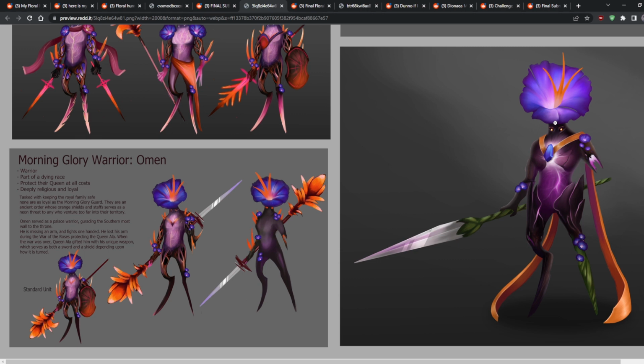So I would get rid of that completely and just give us a very genderless silhouette that makes it look like a royal guard or something like that. Then it really will feel like this very individual flower humanoid thing, and it makes sense that a morning glory would be a royal guard because it just grows and covers an entire wall, kind of like a wall to protect a kingdom.